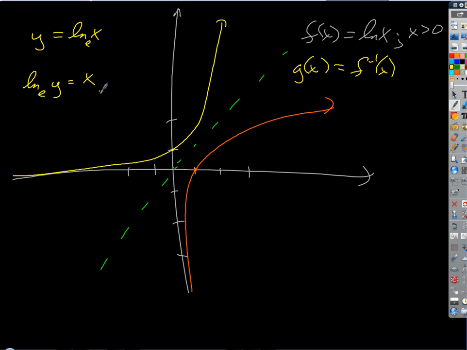A log is an exponent, so whatever the log is equal to is the exponent, and the base of the log becomes the base of the exponential function. So this is equivalent to saying y equals e to the x. That's our inverse function: a base e exponential function.